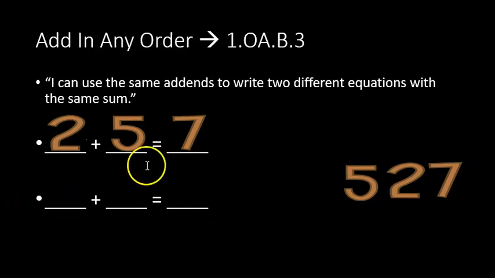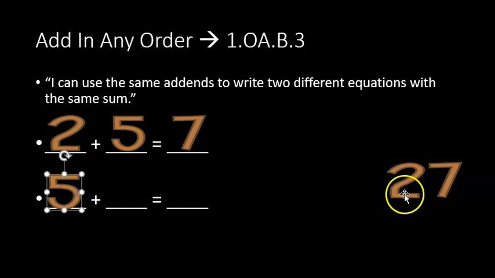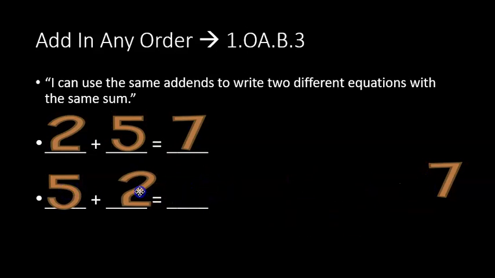Now we got to complete this second addition equation. What do we do, boys and girls? We crisscross them, okay? Let's say crisscross. So this 5 is going to come up front. This 2 is going to come right here. It crisscrosses like an X, okay? So let's grab that 5 and put 5 here. Let's grab that 2 and you put that 2 there.